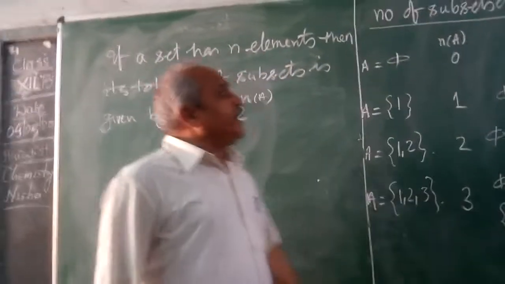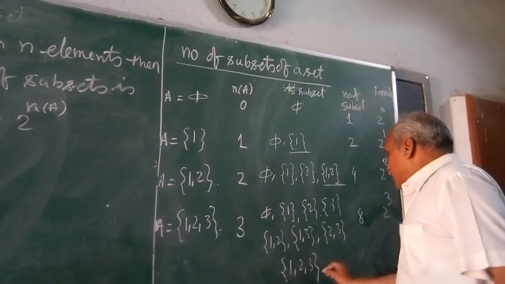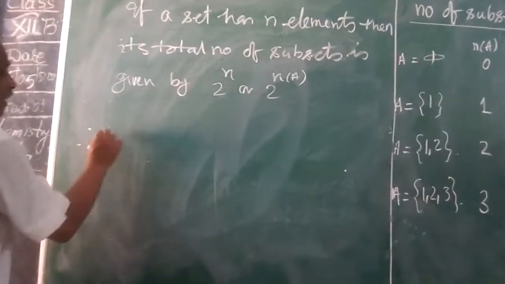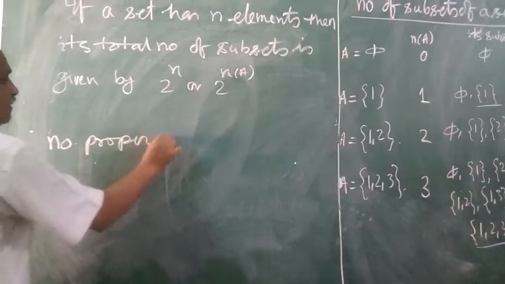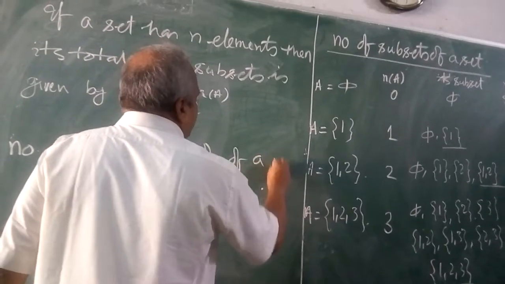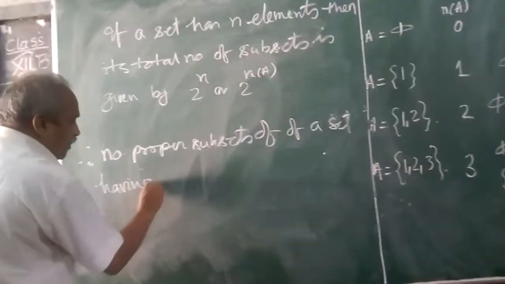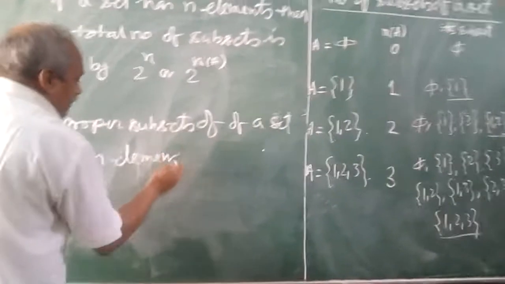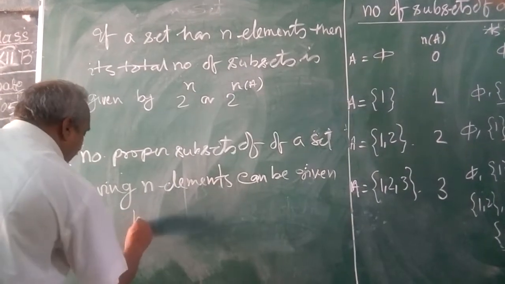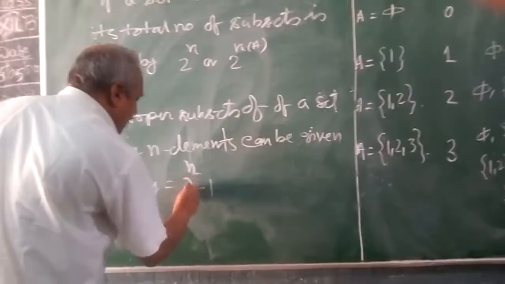If we take the proper subsets, then this will be excluded here, this will be excluded here, meaning one will be subtracted from the number of subsets. Therefore, the number of proper subsets of a set having n elements can be given by 2 to the power n minus 1. Okay? 2 to the power n minus 1.